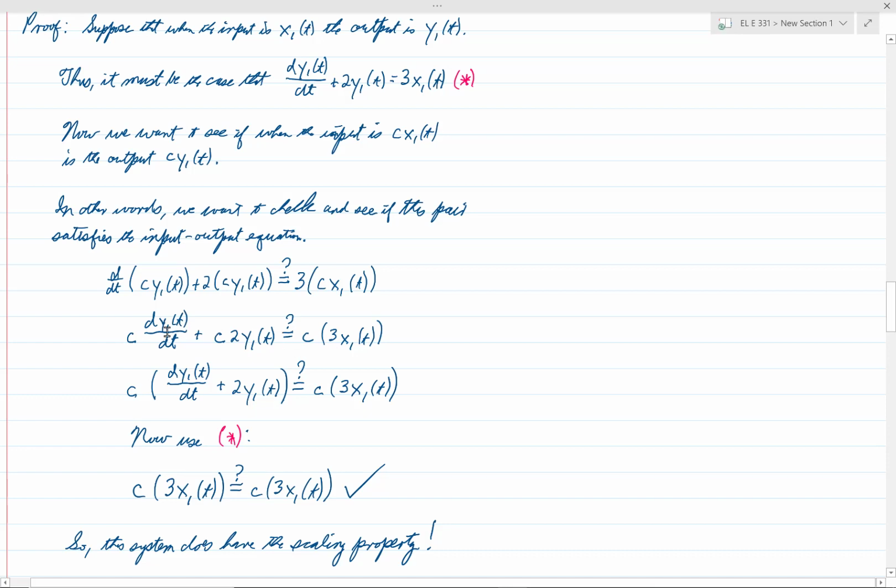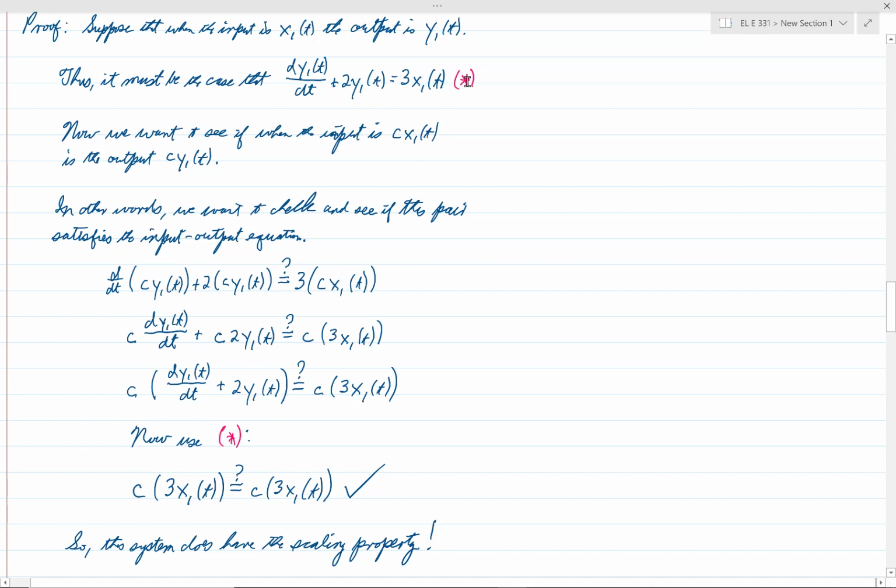Now, down here below, I'm going to factor out a c on the left-hand side, and I'm left with dy1 dt plus 2y1 of t inside parentheses. And then the rest of the equation I just bring down exactly as it was before. Now I want to use this equation star, which I wrote down before, to substitute for dy1 dt plus 2y1 of t.